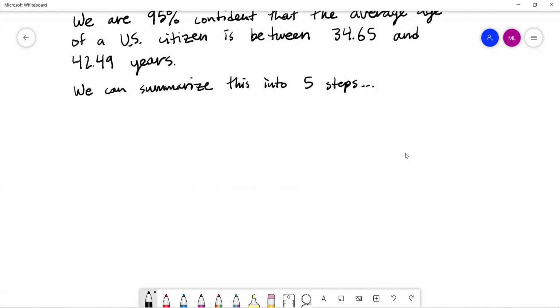Step number 1, we need the point estimate. So find the point estimate. In this case, the point estimate is x bar, and it's given in the problem. So step 1 is, can you read the problem, basically? Step number 2, what we need is to find what we were calling the critical value.